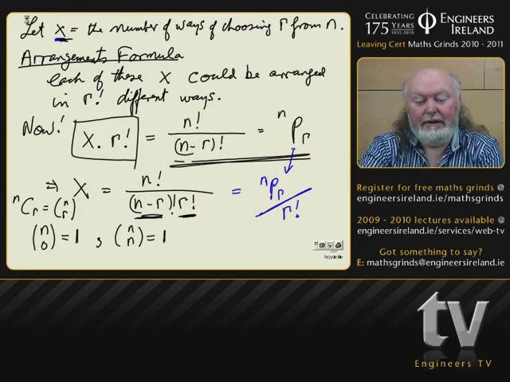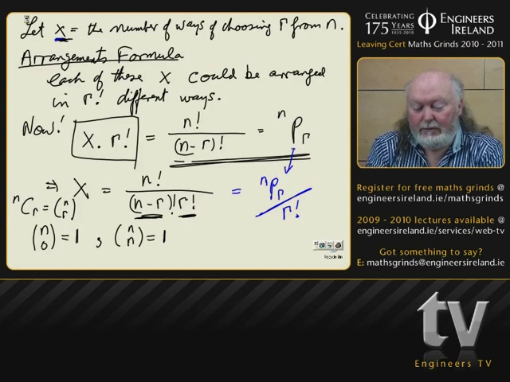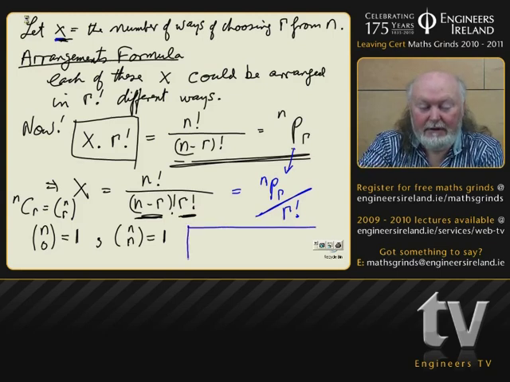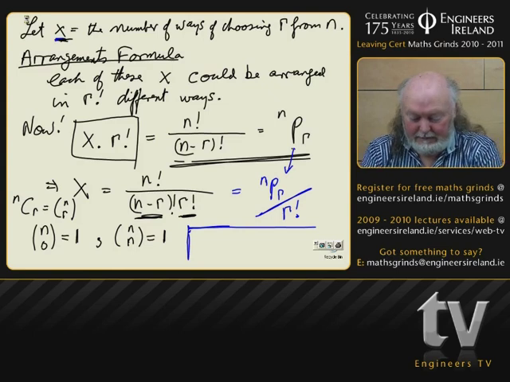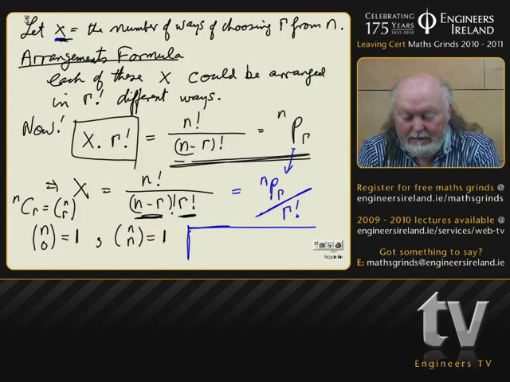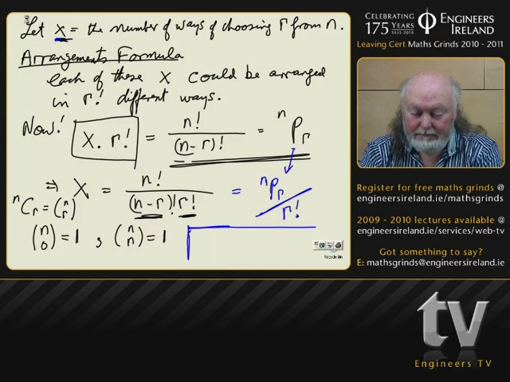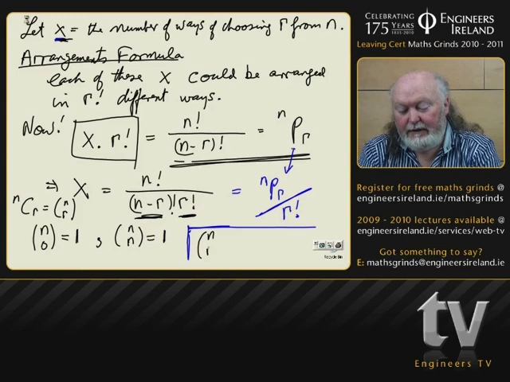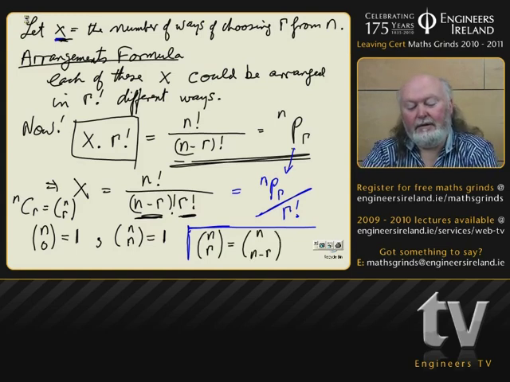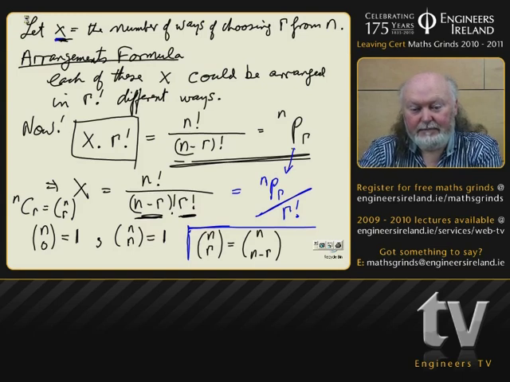And the last one, the last thing to learn in relation to these little helpful things, is that the NCR is the exact same as n choose n minus r. Believe it or not, this is very useful because it'll cut down a lot of calculations.